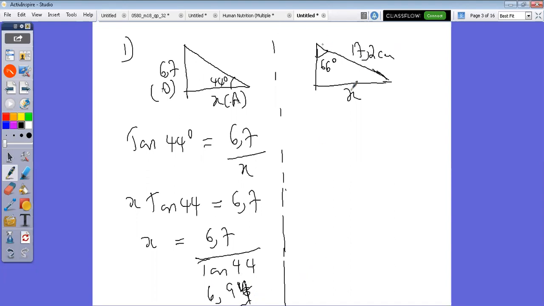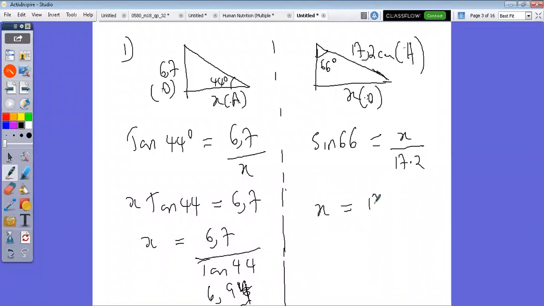Now let's go to this side. What are we given? What is this side? It's opposite the angle, so it's the opposite. And this is the longest side, hypotenuse. So straight away it's sine. So sine of the angle we are given, 66, is equal to, remember we always divide by the hypotenuse, the opposite x we don't know over 17.2. This one is easy. Cross multiply: x is 17.2 sine 66.